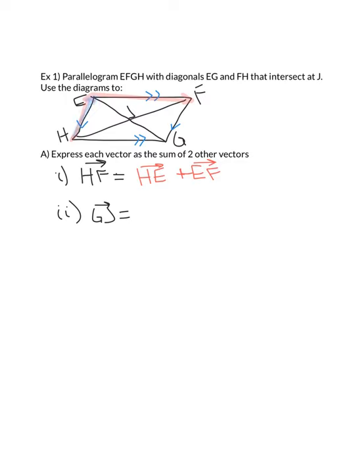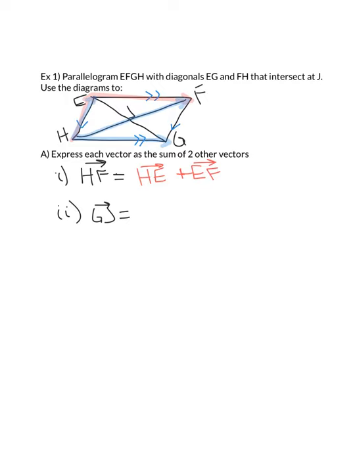So this one would be using the parallelogram rule. That one might be harder to see for some people. The next example, we're looking for GJ. So in order to get GJ, instantly I'm just going to say GH.